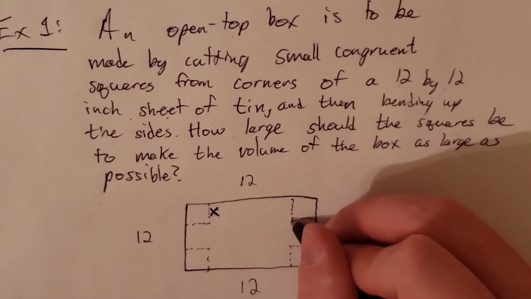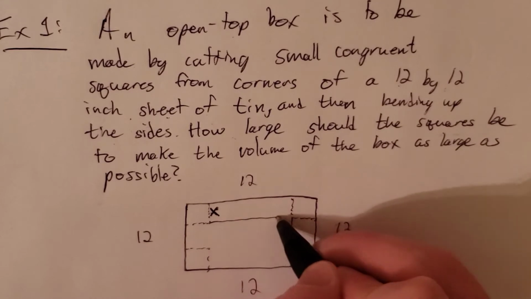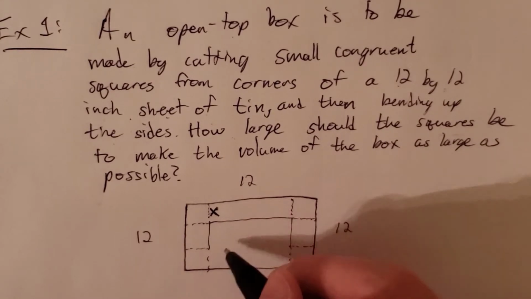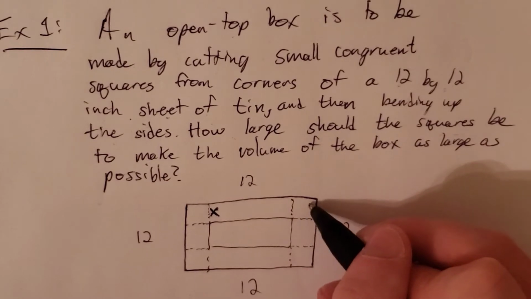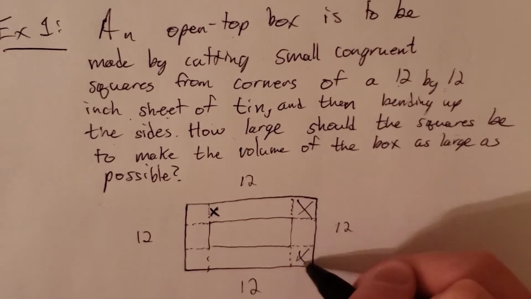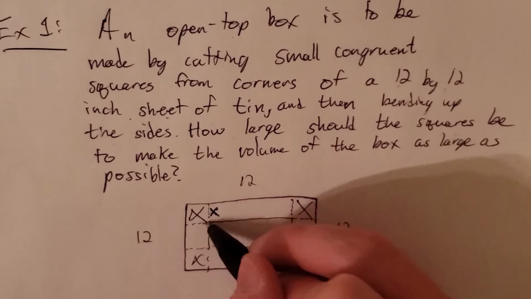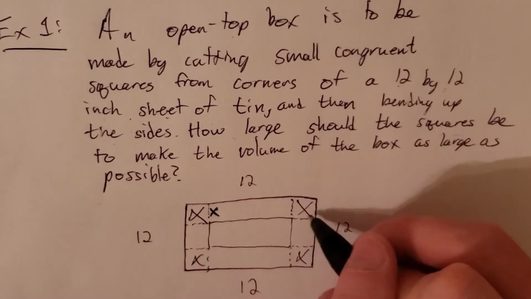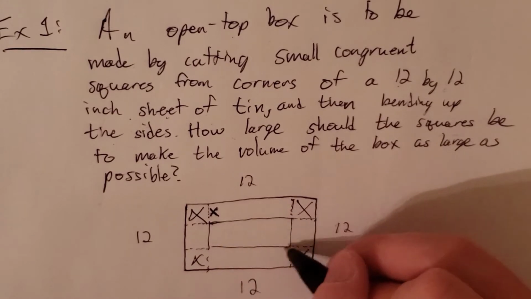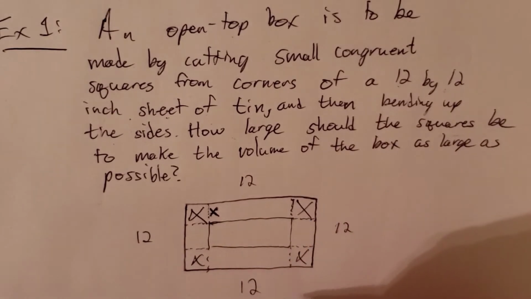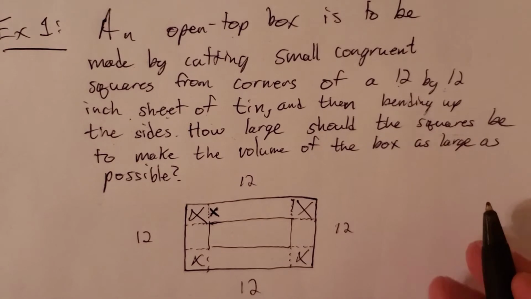And then you will fold up these sides after you cut this away. After you cut those away, you'll fold up these sides along these solid lines to make a box. So that's what we're trying to do.